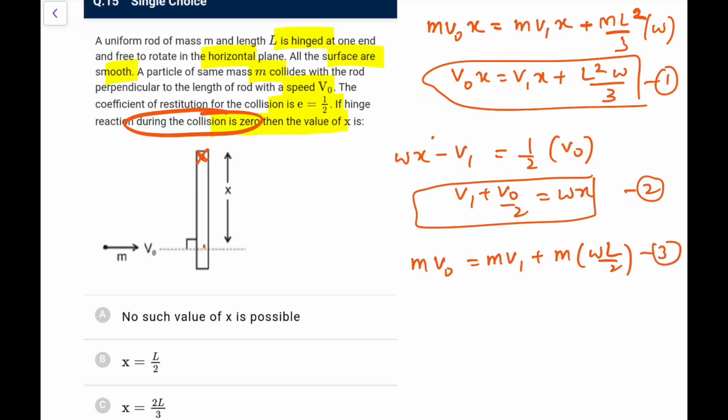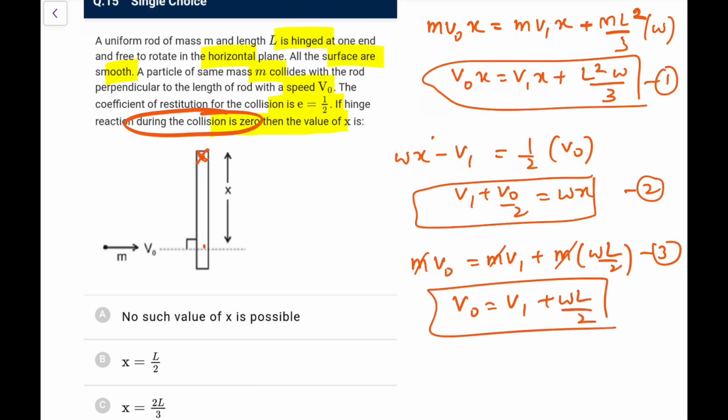So this is your third equation: v0 is v1 plus omega L by 2. These are the three equations that you have got.